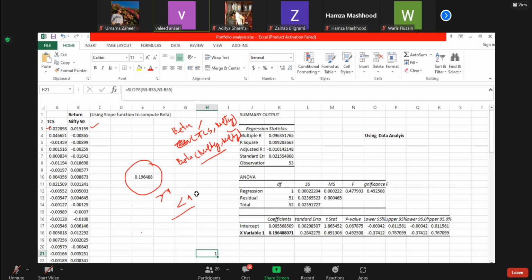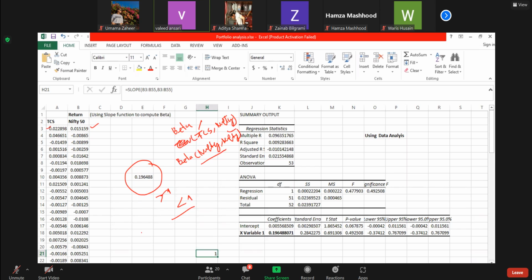In this way, we can calculate the beta of any security using Excel as well. And this is very simple. The slope function is there in Excel, and an elaborate regression output can be had by running data analysis. In some cases, it may not be available. So go to add-ins, and you can have data analysis also.